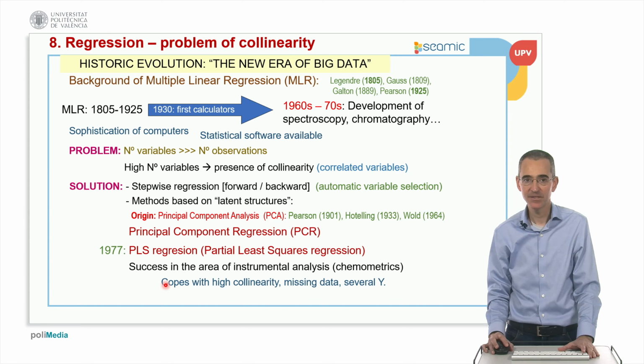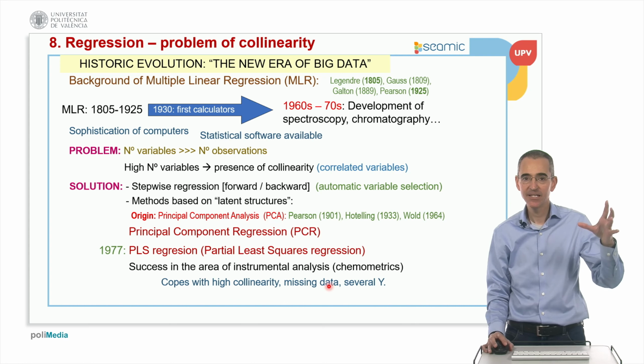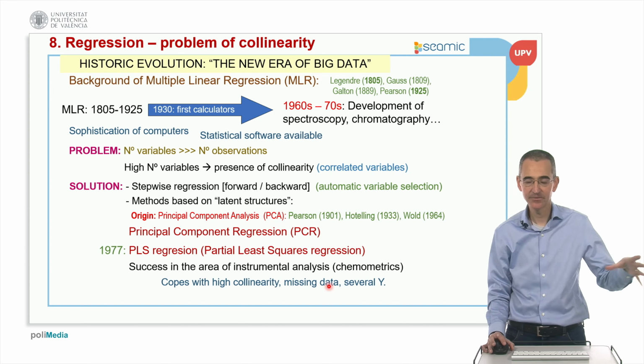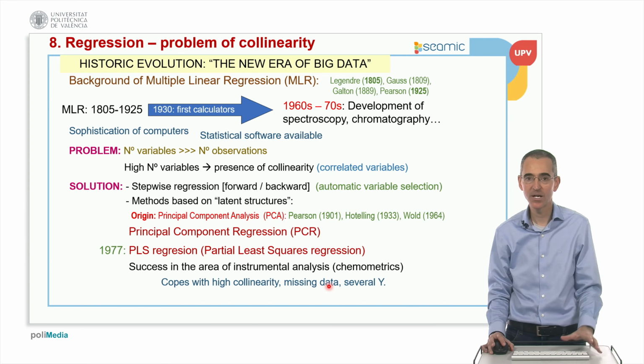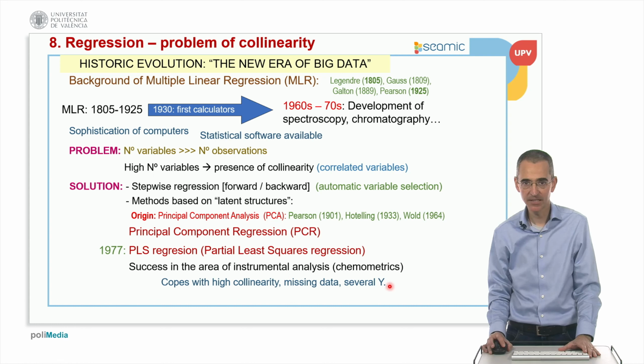This method copes very well with the problem of high collinearity, and also with the case of missing data. If we have some missing data in X and even in Y, that problem cannot be solved with classical multiple regression, but it can be solved with PLS regression. And also, interestingly, it can deal with the case of several Ys.